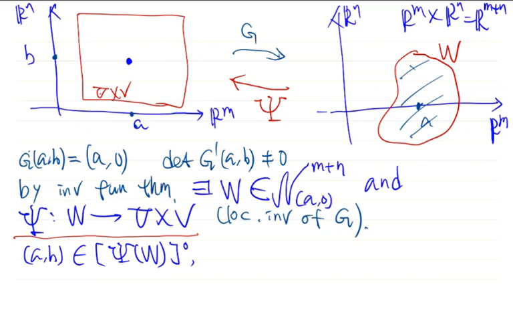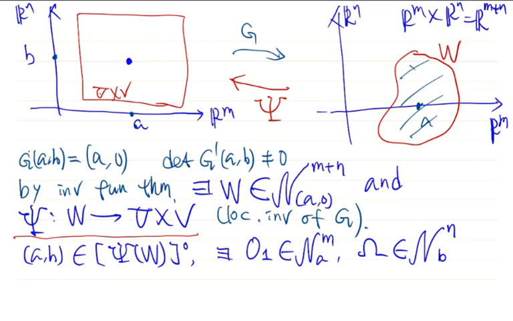Because of this reason, there exists an open set containing a, which we denote by O1, and also another open set, omega, containing b in Rn, such that the closure of O1 cross omega is a subset of the image of W. So this is also obvious.